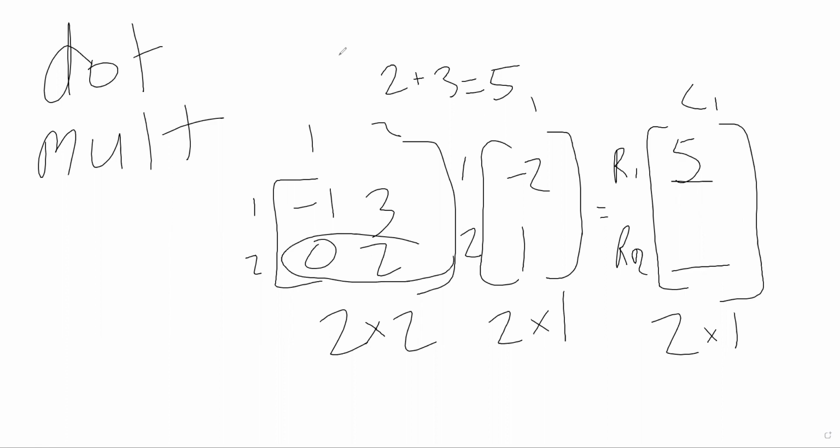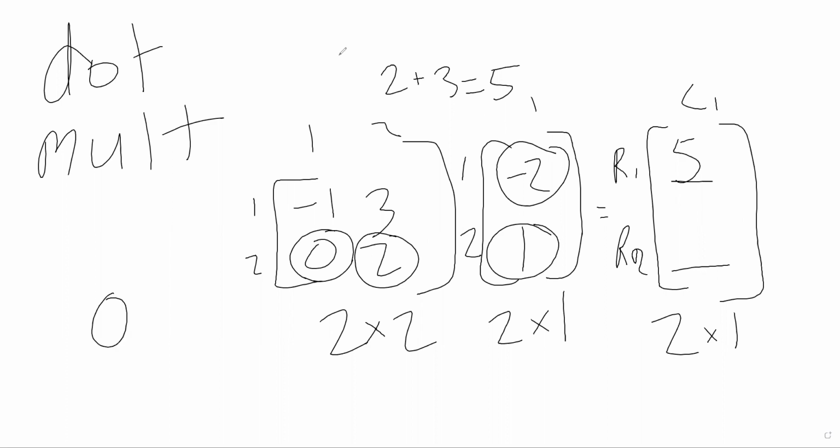So we go down to row 2 for the first matrix, column 1 for the second matrix, and we do 0 times -2 and 2 times 1. So 0 times -2 is 0. 2 times 1 is 2, and then we add them. We find that our answer matrix is 5, 2. Biggest thing for dot multiplication is making sure that this dimension matches up with this dimension.